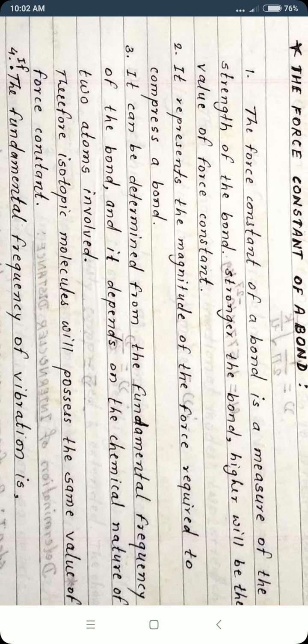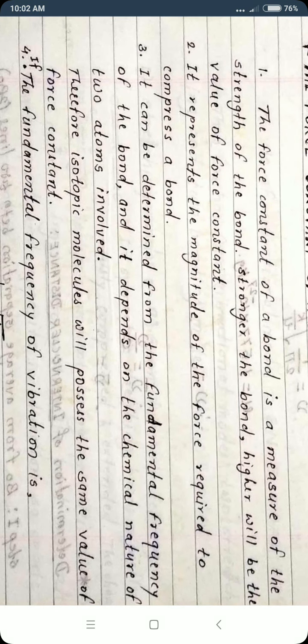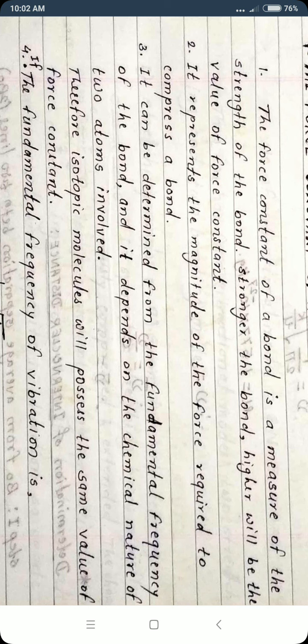That is represented by the force constant. If the bond is stronger, it requires more force for vibration.